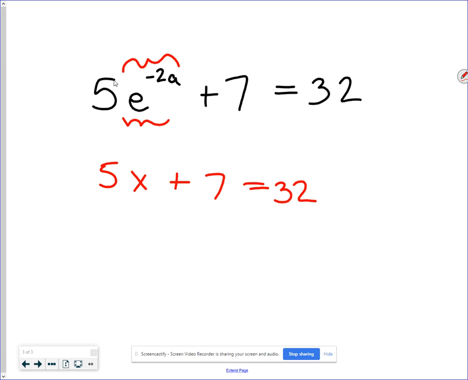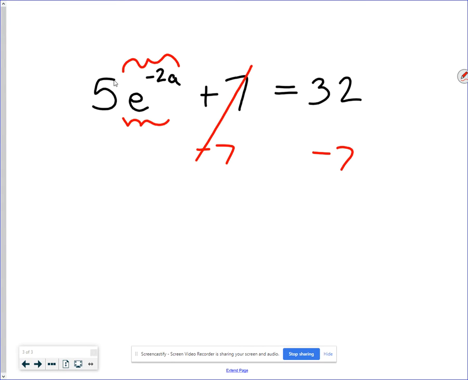So to start this equation in red, we would subtract 7 from both sides and then divide by 5. We'll get it done in 2 steps. So to get that power by itself, I would subtract 7 from both sides.